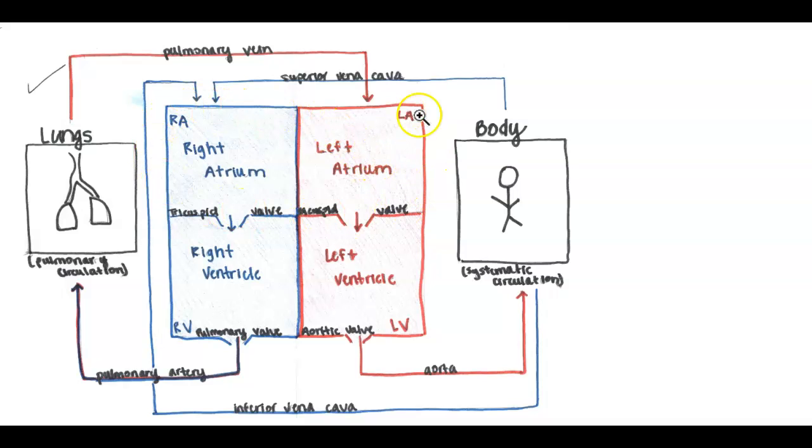They then contract. Blood gets pushed into the right ventricle from the right atrium, and blood from the left atrium gets pushed into the left ventricle. Then they swell with blood, and at the same time, the right and left ventricles contract. Blood from this side goes to the lungs, and blood from this side goes to the rest of the body.